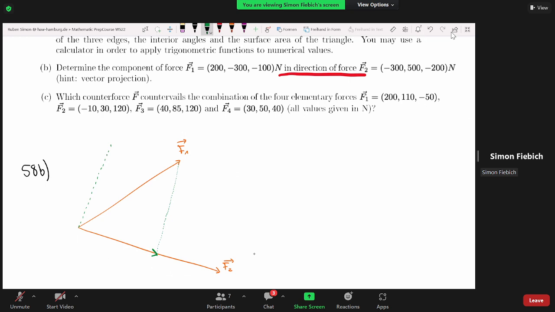Okay, let's do it again. Split it up like this. And these two green arrows, these two green vectors, if you add them together, would make up your original force F1. See that?